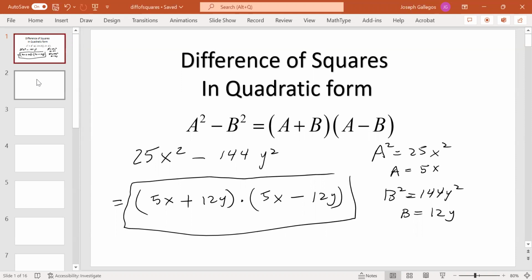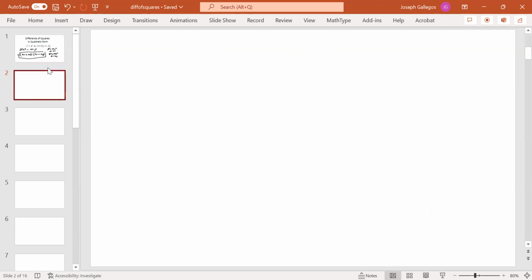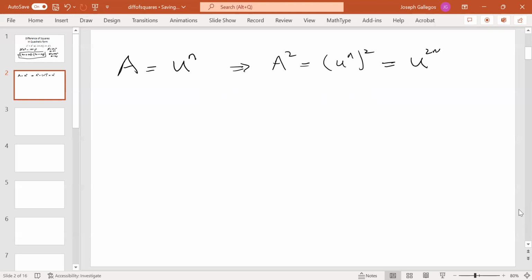When we look at a more generalized approach, if I let a take on the form u to some power n, then a squared would be u to the n squared, and that can simplify as u to the power 2n.